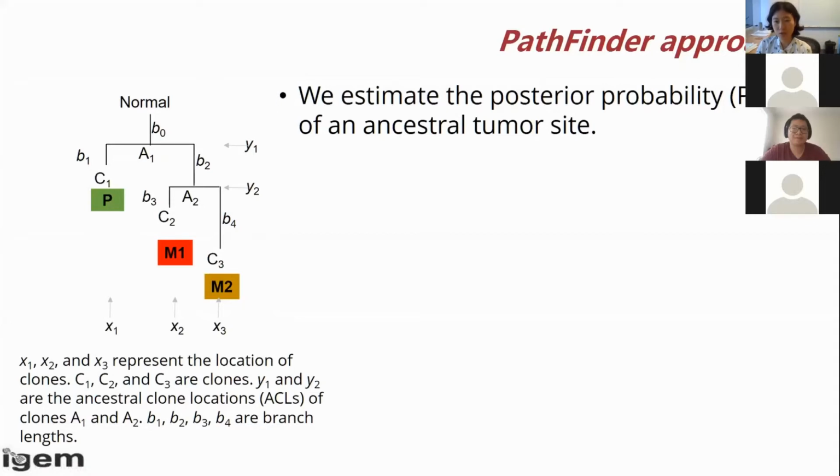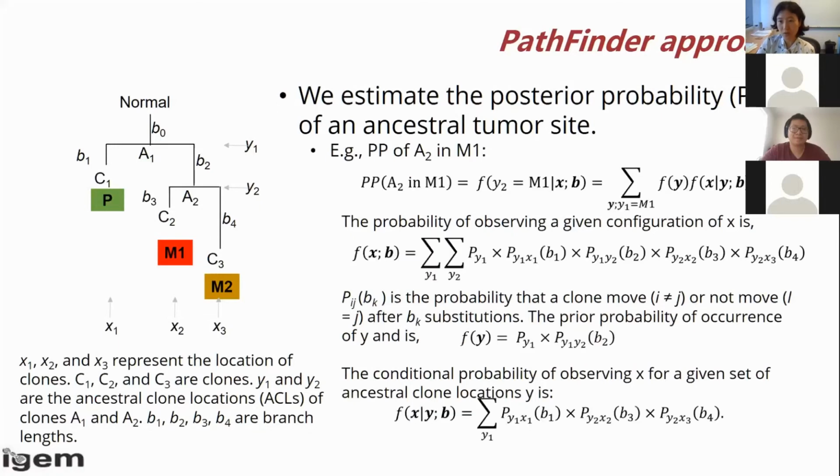B is branch length. So we will compute the posterior probability of each ancestral clone in each possible tumor site. For example, we can compute the posterior probability of ancestral A2 clone found in tumor site M1 like this.